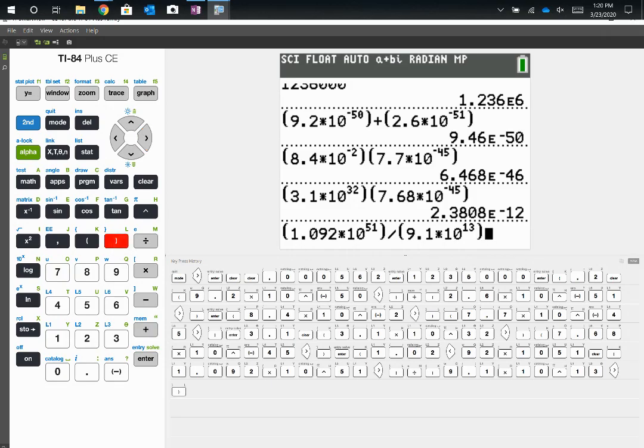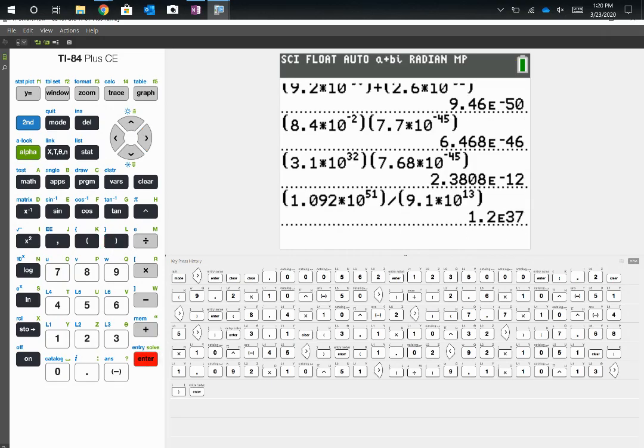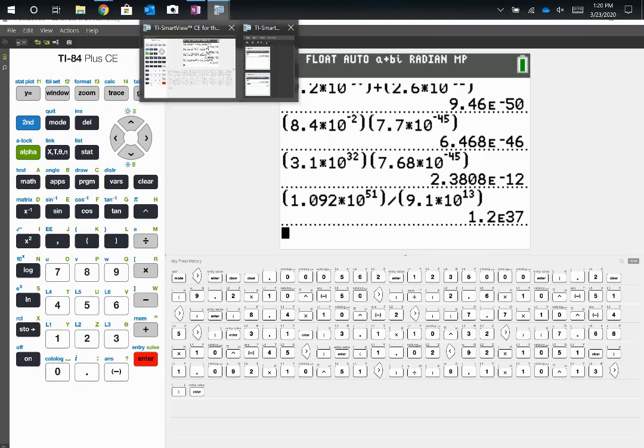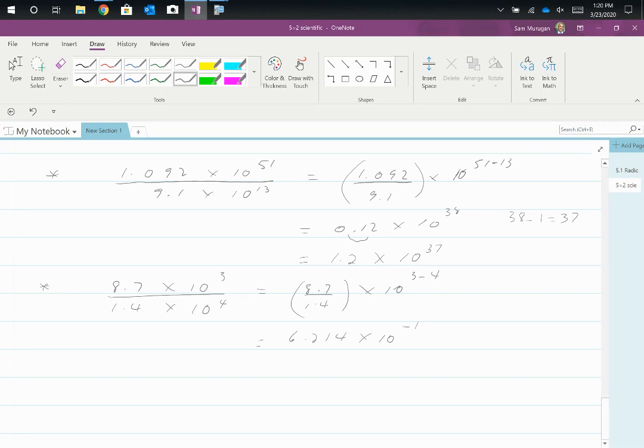Close your parenthesis, press enter, and you can see that your answer is 1.2 times 10 to the power 37, which is the answer that we have here, 1.2 times 10 to the power 37.